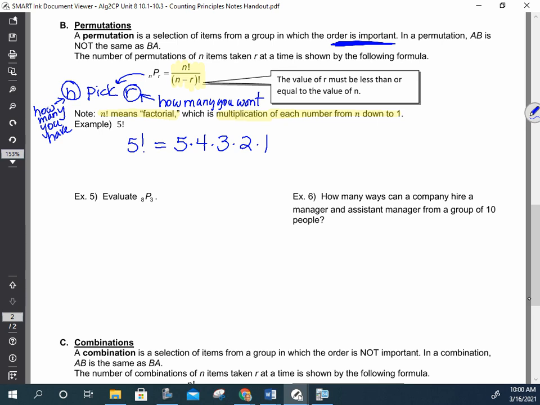That's all that it means. And we can work that out because we know how to multiply. 5 times 4 is 20, times 3 is 60, times 2 is 120, times 1, 120.